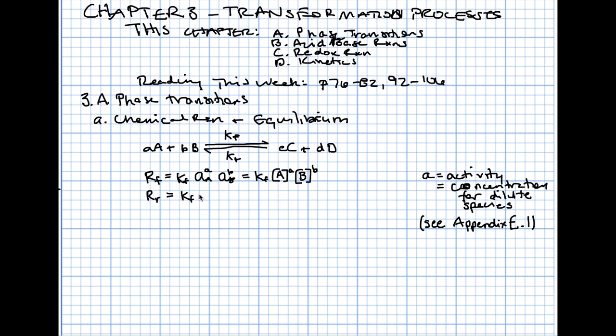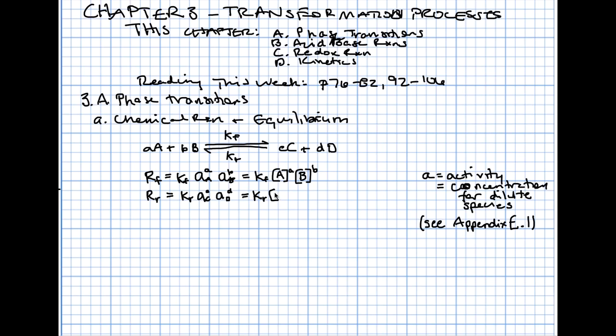So now we have, oh gosh, I got the rate constant subscript wrong as well. Okay, that should be an R for the reverse rate constant. So now we have the activity of species C raised to the C power times the activity of species D raised to the D power, but we can assume that the activities can be replaced by their mass concentrations.